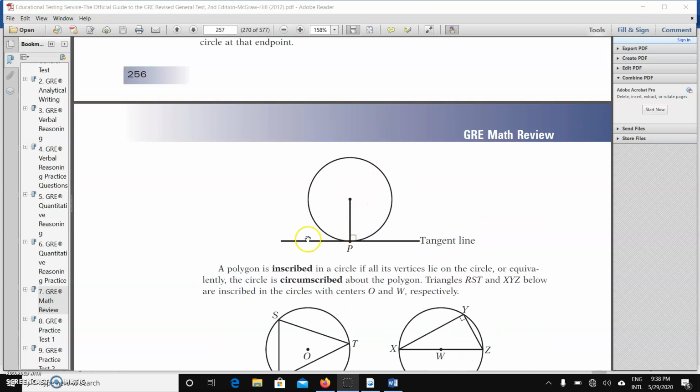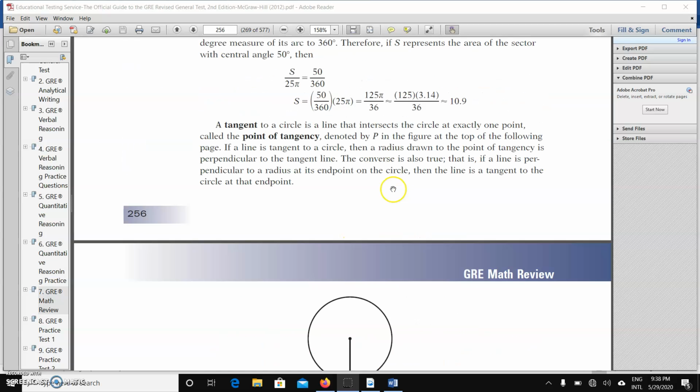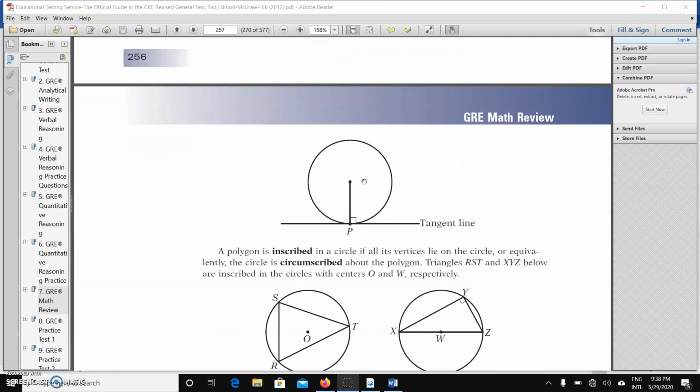When a line is drawn like this on a circle, it creates a tangent, because the radius is going to be perpendicular to it. Any line that is perpendicular to the radius like this is going to form a tangent. It's going to form a 90 degree angle. So this is a tangent line. When you read through this, you get to understand what the tangent is.